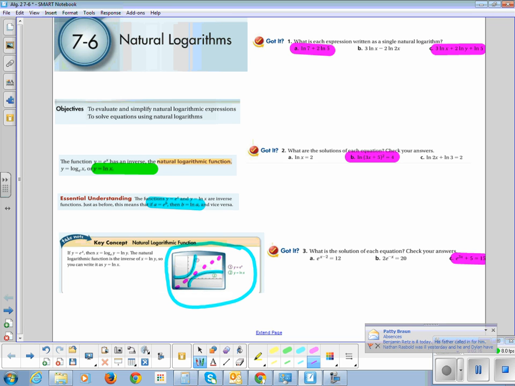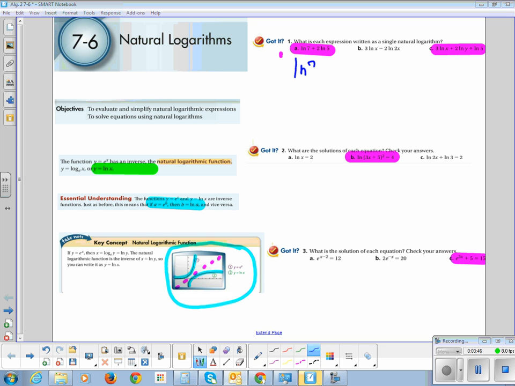Okay, so now I want to explain how you guys are going to see this in your practice problems, so how you're going to apply it. We're going to do the same things that we were doing with logarithms, but just with natural logarithms. So if I have ln 7 plus 2 times the ln of 5, I'm going to use my properties of natural logs and bring this 2 up into the exponent.